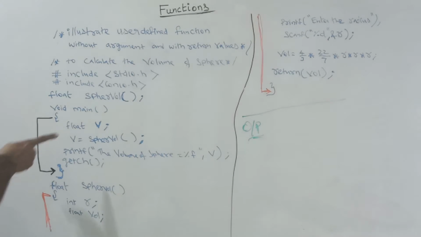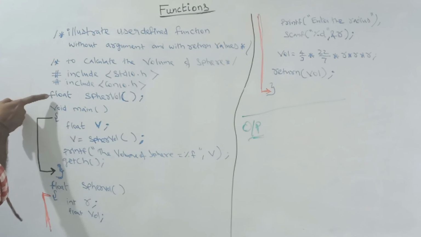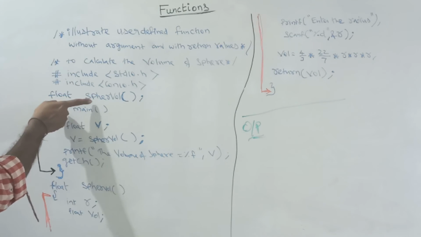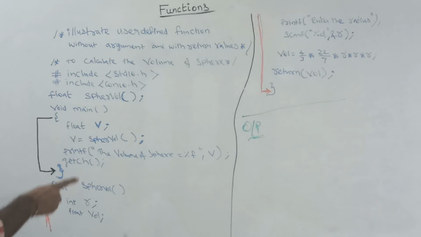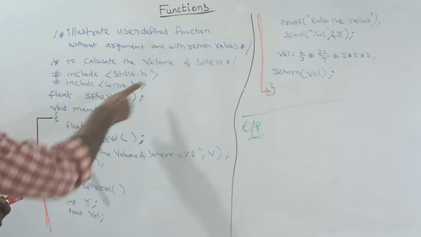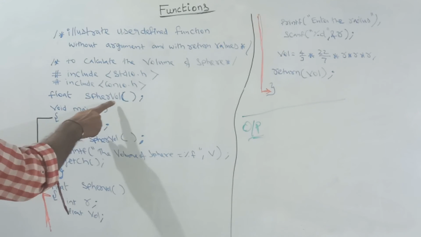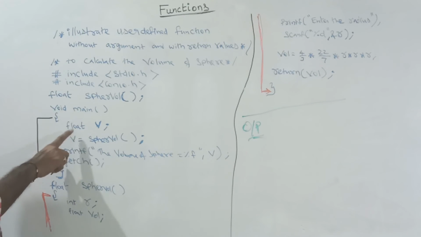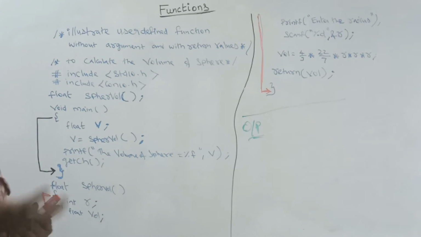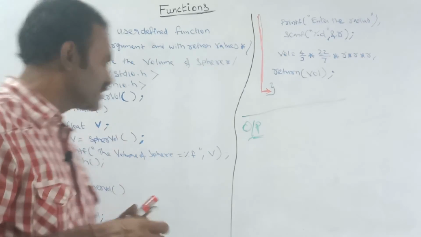See, I have first declared the function declaration, with the function name sphere vol, to find the volume of the sphere. Inside the main function I have declared a single float variable to get the result of the volume of the sphere.